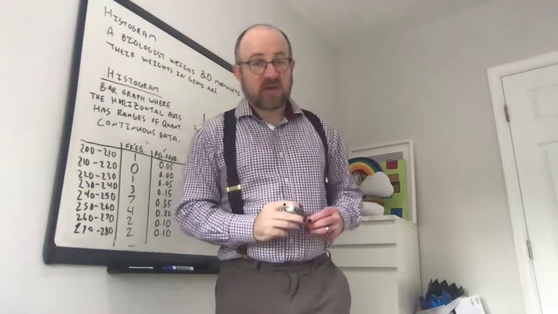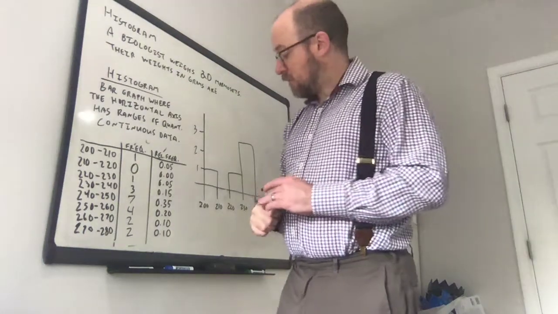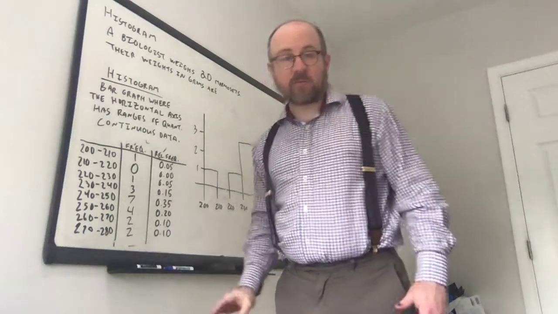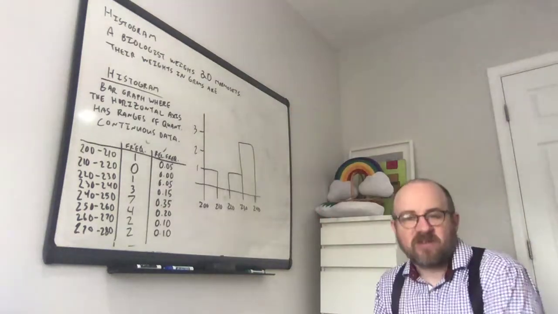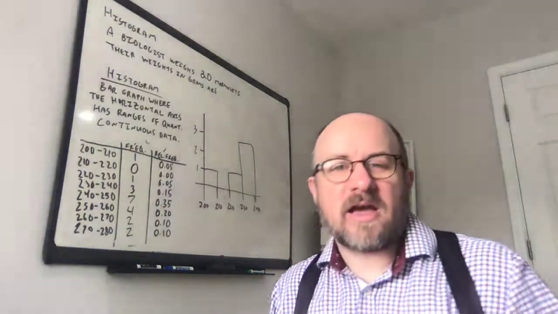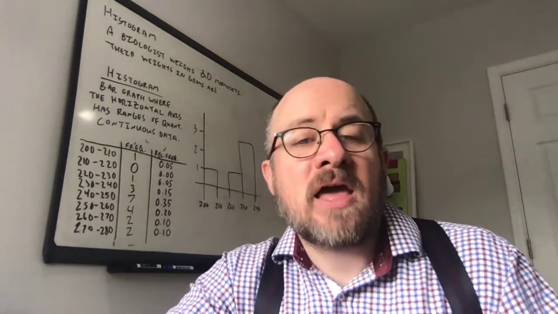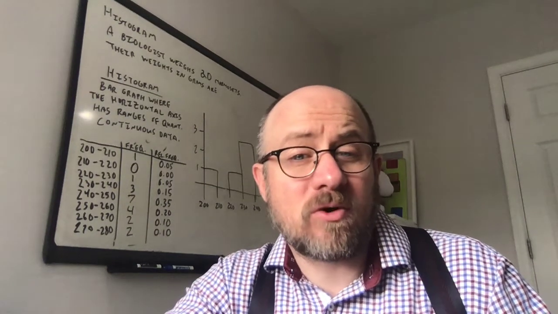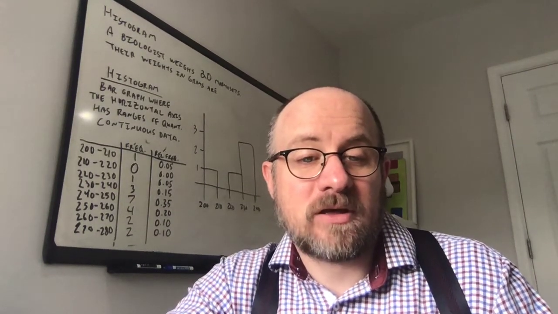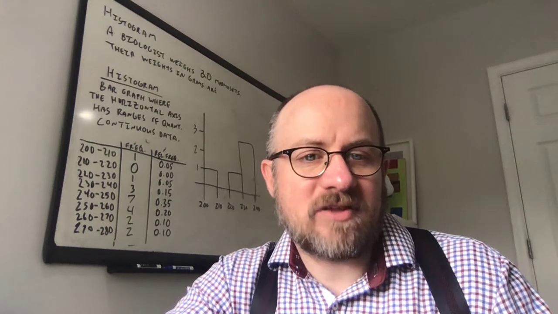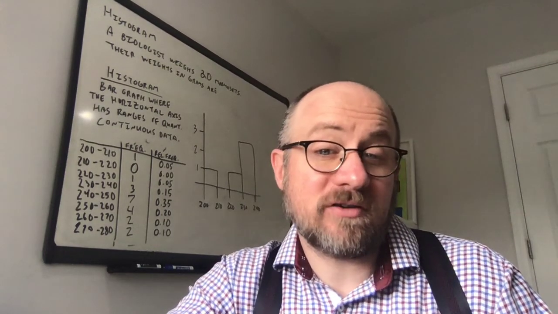Okay? And so a histogram lets you graph quantitative continuous data on a bar graph, just like we graphed quantitative discrete and qualitative data. Okay? And so this makes the bar graph one of the more kind of versatile graphs that we have, which is part of why you see it used so often.